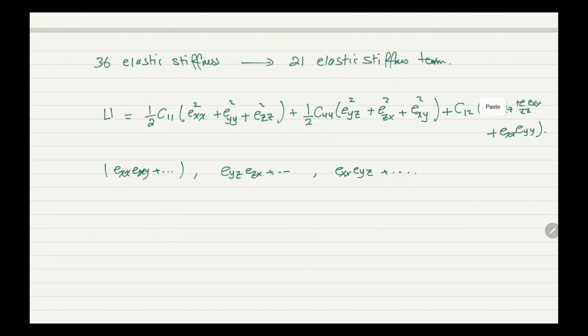As we discussed earlier, the minimum symmetry requirement for a cubic structure is the existence of four 3-fold rotations.